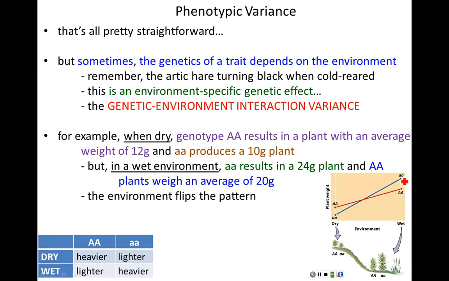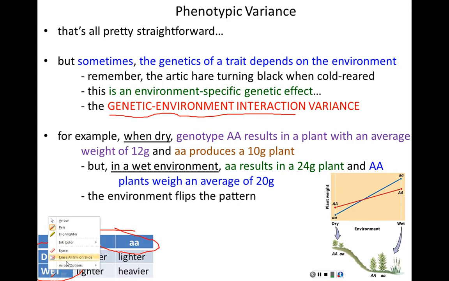That is a genetic environment interaction variance. There have to be genes for that, because we're dealing with genotypes, but there's an environmental component too. The weight of the plant is not due solely to the environment. The weight of the plant is not due solely to the genes. The weight of the plant is due to an interaction between those two factors.